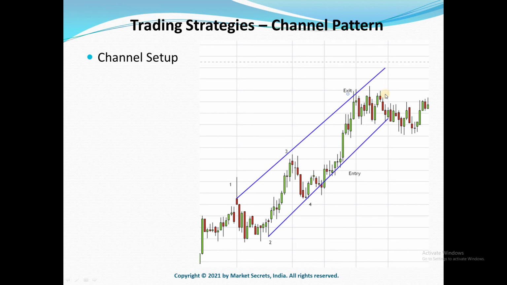This comment is applicable only if you are trading higher time frames, say daily or weekly. Likewise, to avoid whipsaws, you can follow this approach. During a rising channel, focus on buying near the bottom of the channel and exiting near the top. Be wary of shorting since the trend is up. So this is a rising channel or an ascending channel.